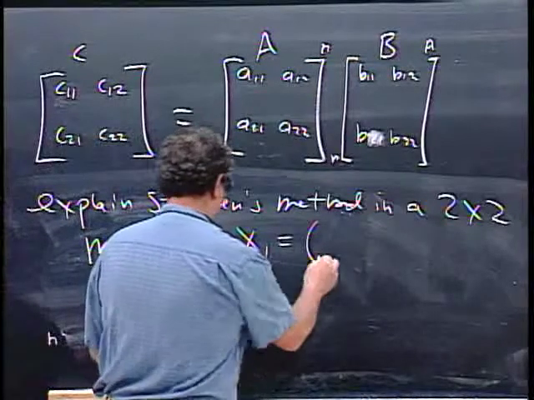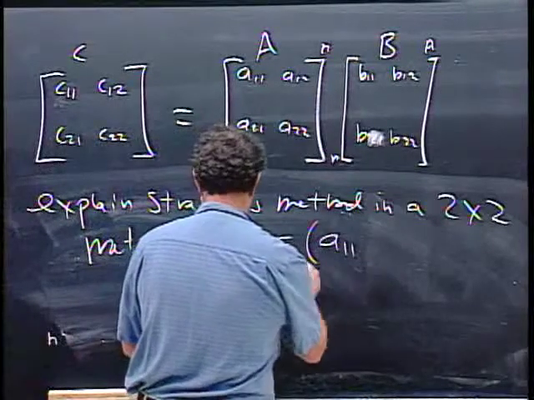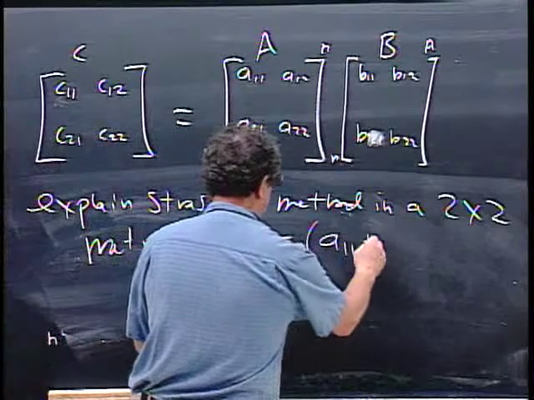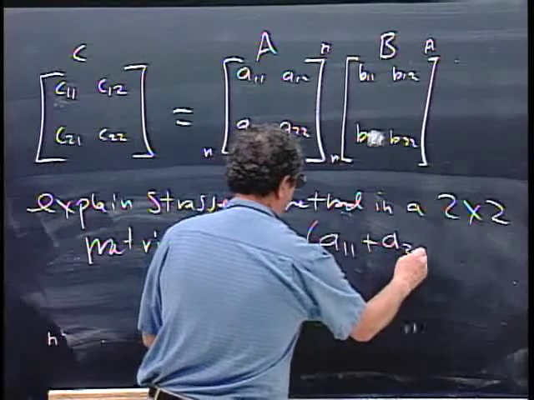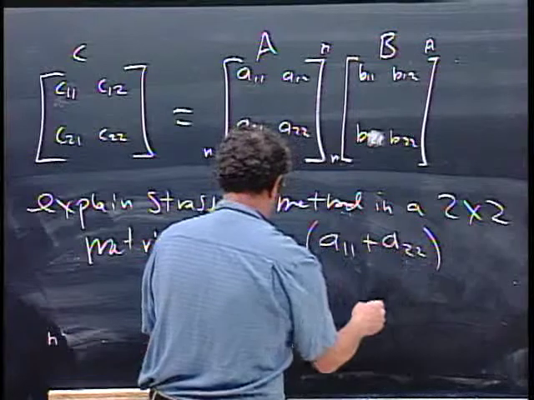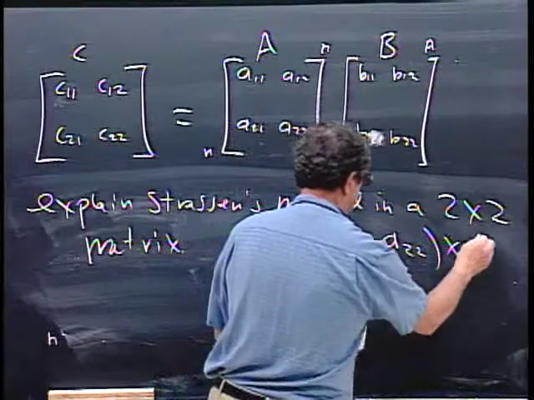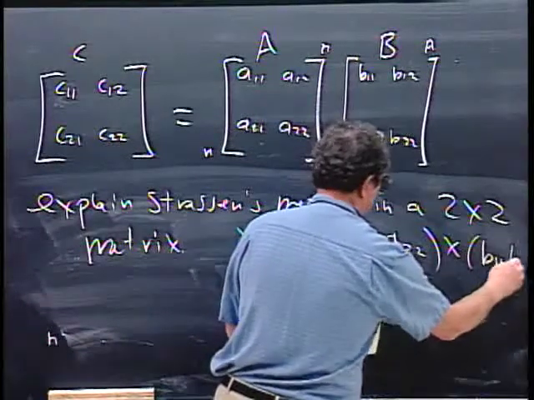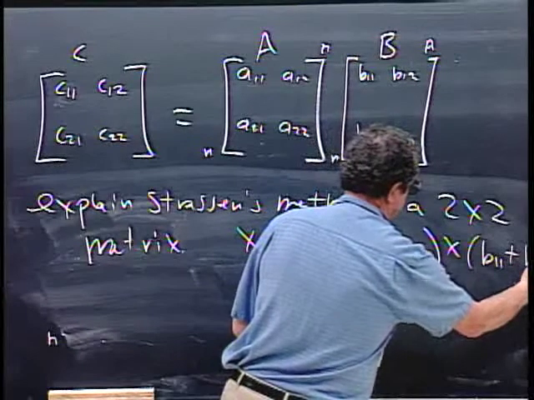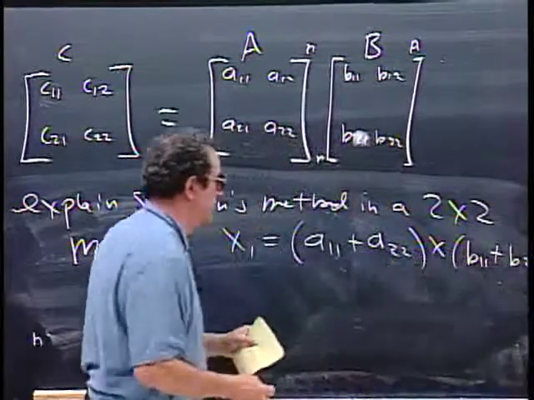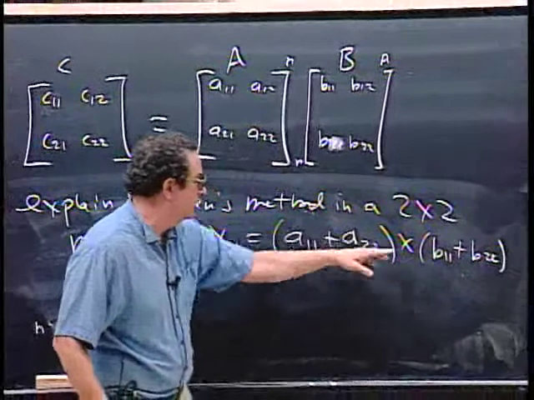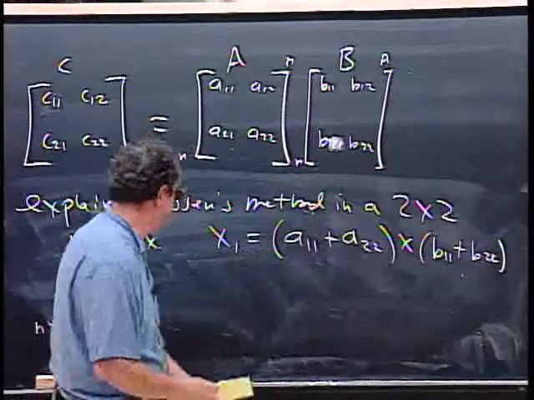So Strassen's method first computes X1 defined to be equal to A11 plus A22 times B11 plus B22. Okay, well, one multiplication, two additions, one multiplication. Okay?